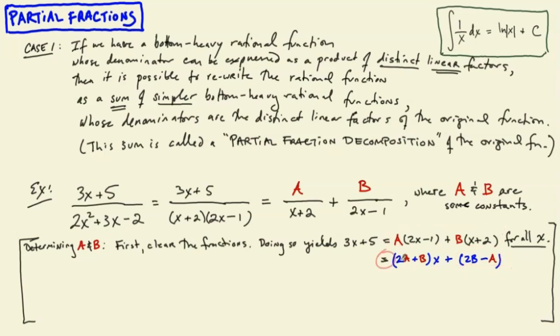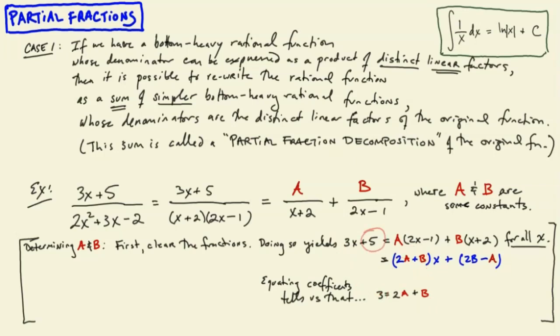And since that is equal to this stuff, which is equal to 3x plus 5, equating the coefficients on the two sides tells us that the coefficients of the x terms must be equal. So we would have that 3 is equal to 2a plus b, and the constant terms must be equal.